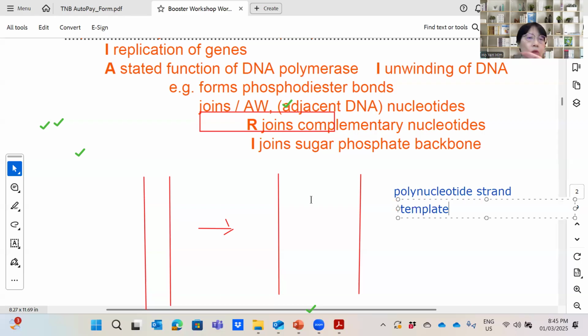Okay. And you want to know how DNA polymerase works. DNA polymerase, you know that it cannot add a nucleotide to a nucleotide. That means it cannot add 2 free nucleotides.